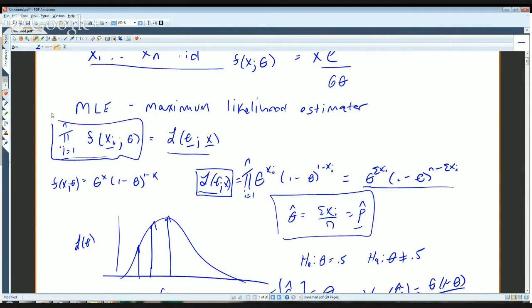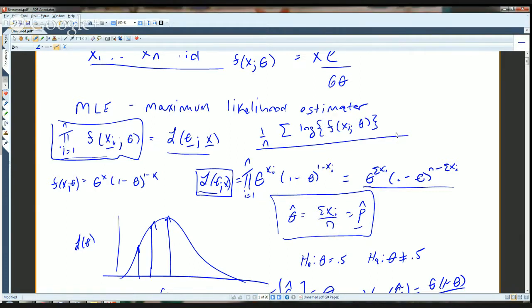If you look at the log likelihood, it's really the sum of the log of the densities evaluated at the data points, as a function of theta. If I were to multiply that by 1 over n, which doesn't change much, this is actually an average. So it has asymptotic normal behavior. So anyway, that's how they prove that.